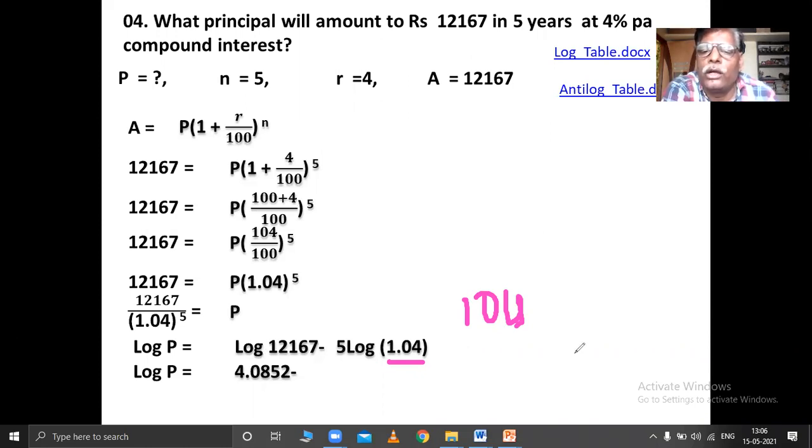If you forget the point, the number is 104. Then you give 1 0 here. Now you see this number in the log table. How to see this number in the log table? 1040.